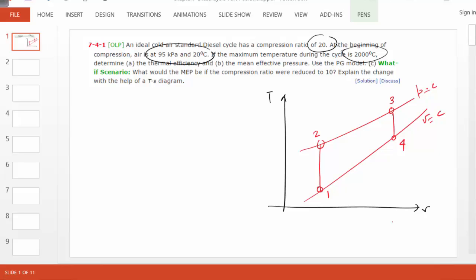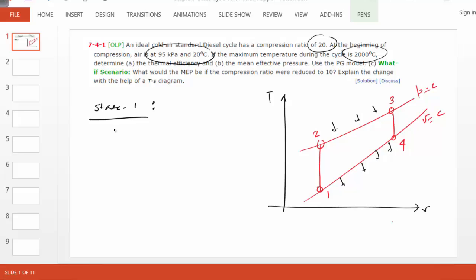And now we can answer any kind of question: mean effective pressure, thermal efficiency, or cutoff ratio. Let's find everything about this cycle. So we'll go, as usual, find out all the states and then analyze each process, especially the heat addition and heat rejection process, which will lead us to all our answers.